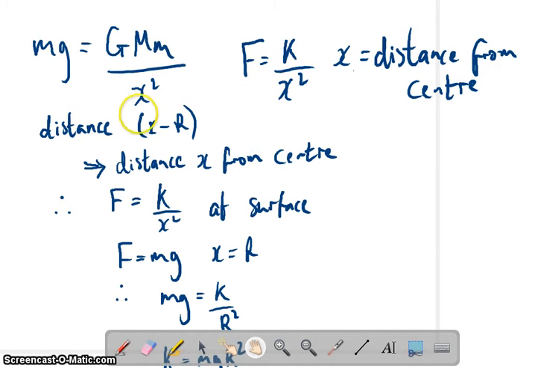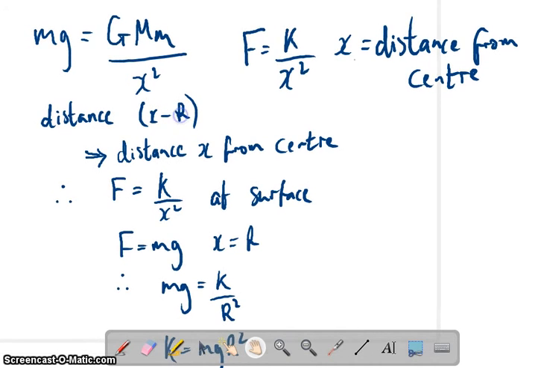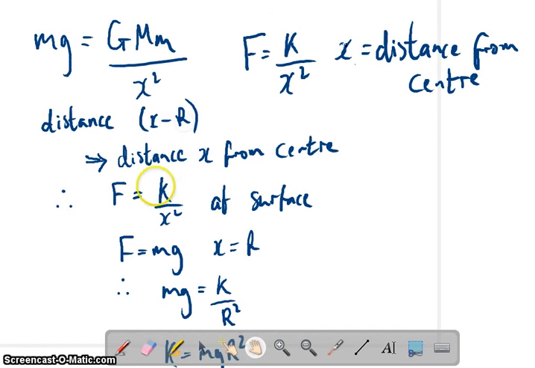The distance between the two bodies is x minus r. Okay, so the height of something is the distance from the centre minus the radius of the Earth. So if we say that F is equal to k over x squared, then at the surface we can take our surface conditions with the force of gravity as mass times gravitational field strength.